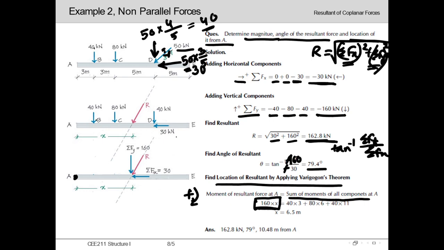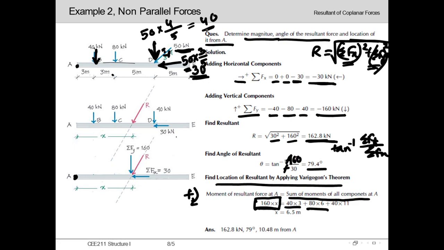For the rest of the forces, starting with 40, it is acting at a distance of 3 meters from point A. So it will be 40 into 3. This is giving clockwise rotation, so it is positive. Then for the 50 force, we need to consider the 40 y directional component, as the x directional component 30 has no perpendicular distance as well.